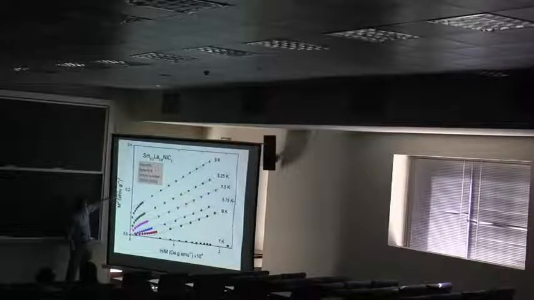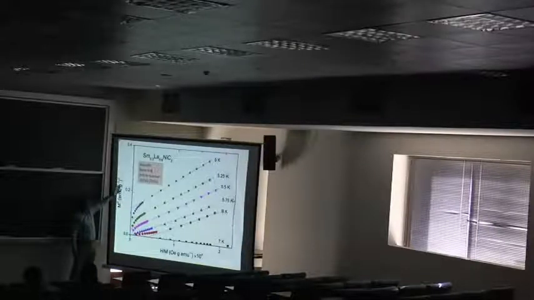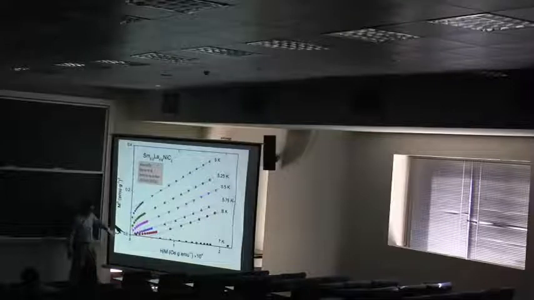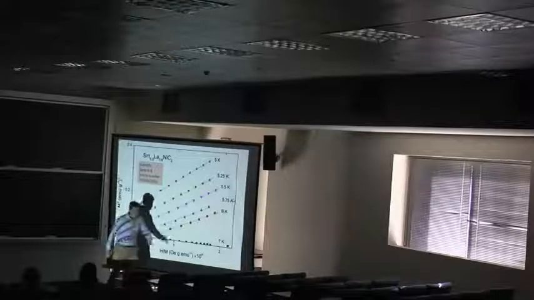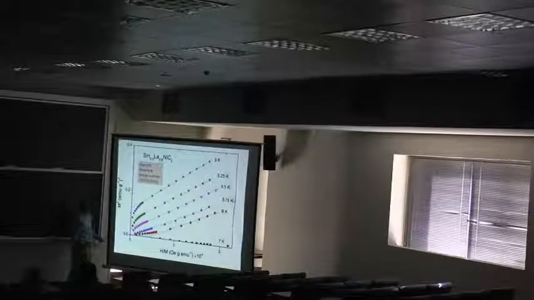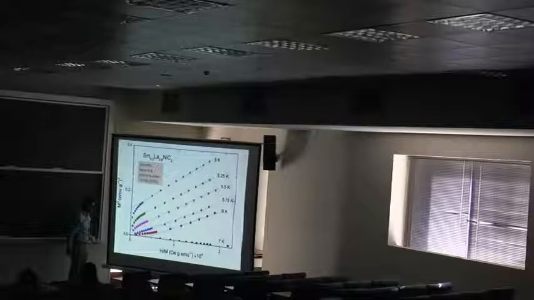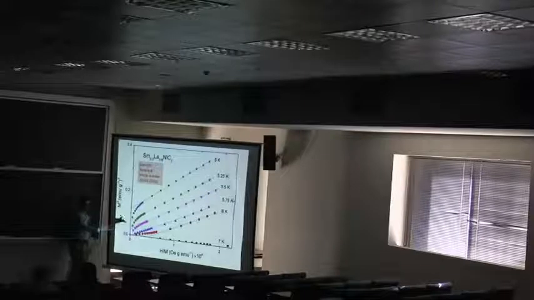EMU is the unit for the total magnetic moment. So magnetic moment divided by volume or divided by mass. You can use either one of them. So on this axis we have m square. On this axis we have h over m. All of this is in CGS units because it's still popularly used. H is measured in Oersteds, m is measured in EMU per gram.